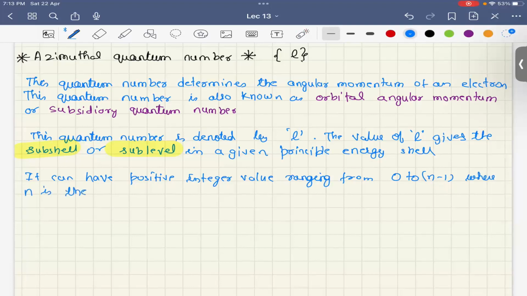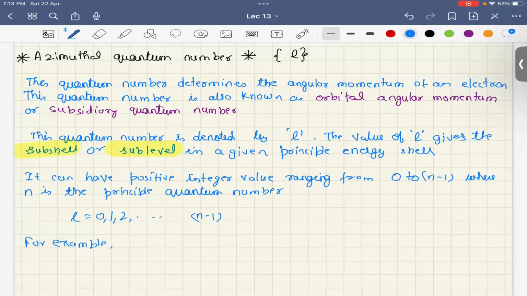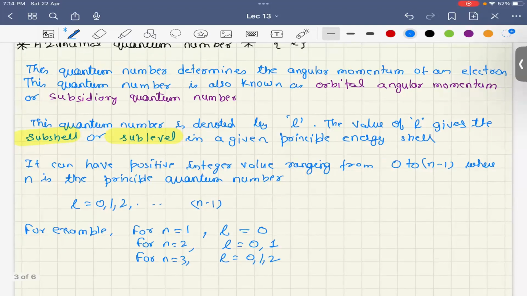That means L can be 0, 1, 2, up to n minus 1. For example, for n equal to 1, L has only one value, that is 0. For n equal to 2, L can have 0 and 1. For n equal to 3, we can have 3 values, which are 0, 1, 2.